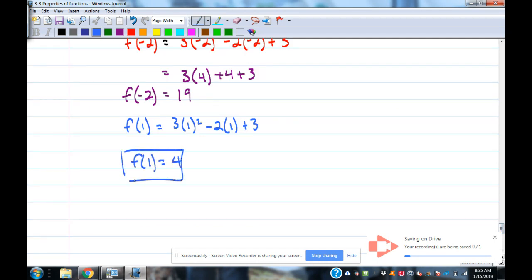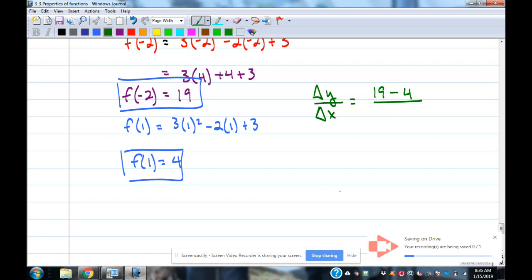Okay, so these are our ordered pairs that we're going to use in order to find the slope. So again, changing y, changing x, kind of graduating here to the better notation. 19 minus 4, seems logical to put that in that order because 4 minus 19 turns into a negative number, right?